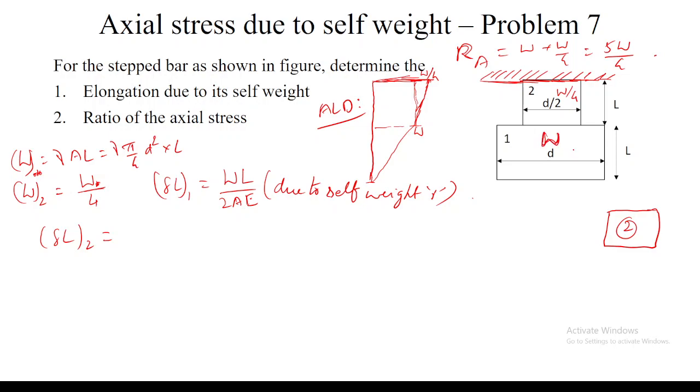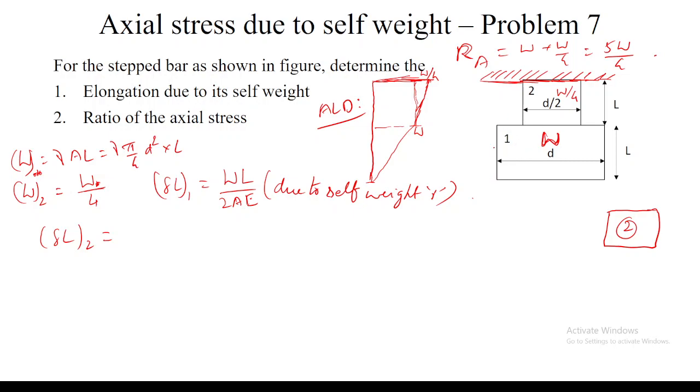Whether this will be acting as a uniformly varying load for member 2, or it will act as some other load. Yeah, it will act as a point load. It won't act as a uniformly varying load.